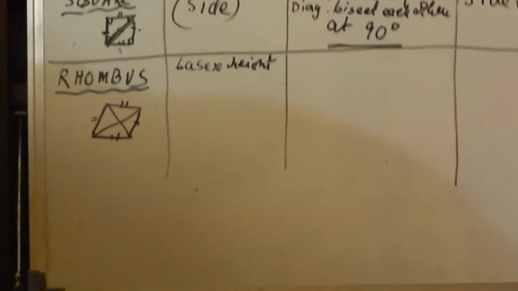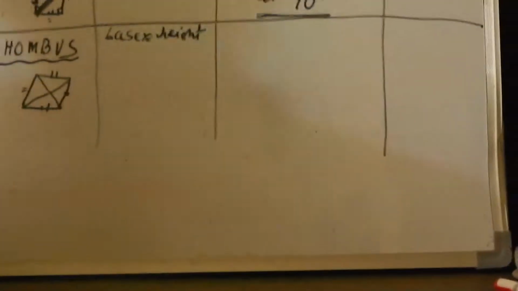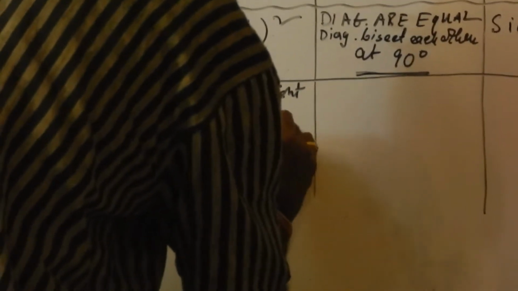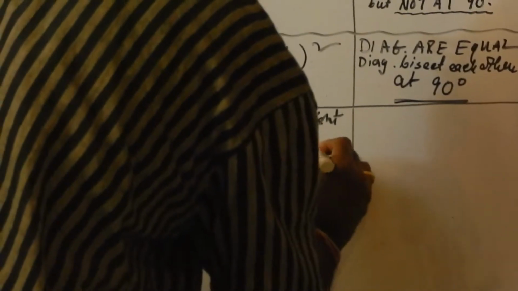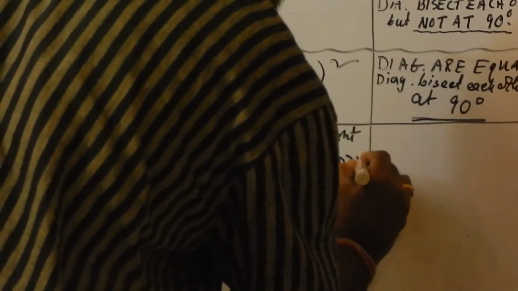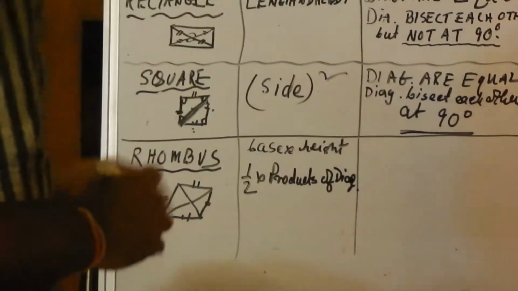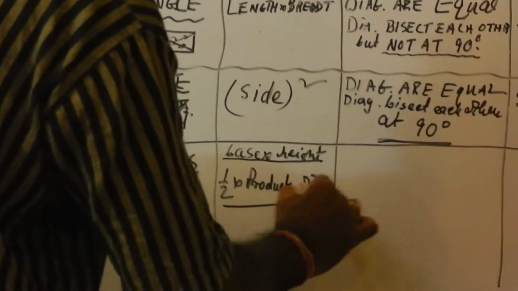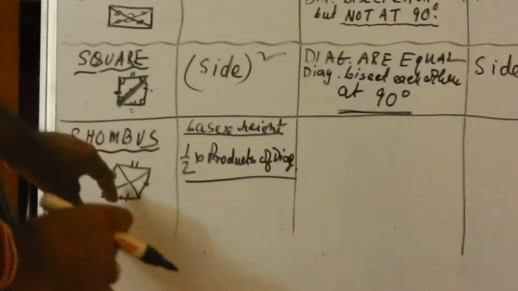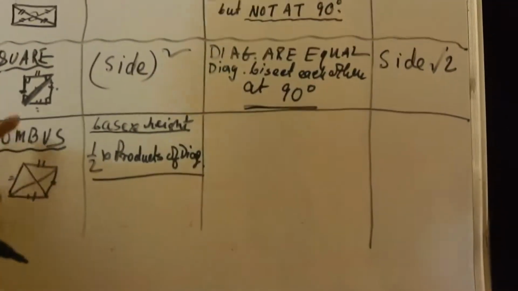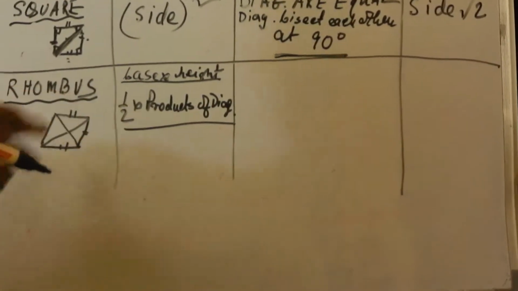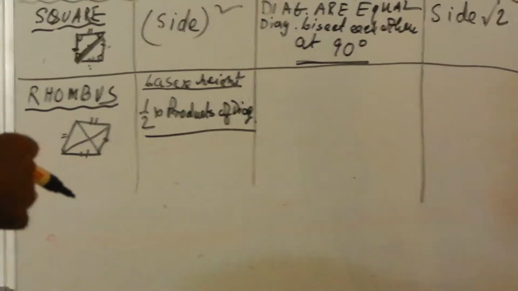So here it is half into the product of diagonals. If the lengths of the diagonals are given, you can easily find out the area of a rhombus.